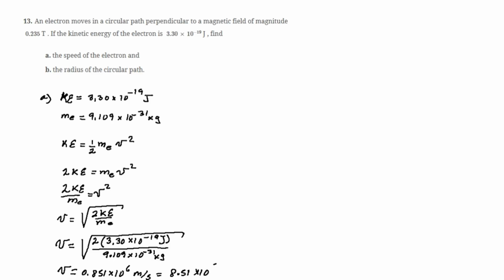Now, what I know about the speed of the electron, the velocity of the electron, is the force. We know that if I have the electron, we have, depending on the direction of the field.